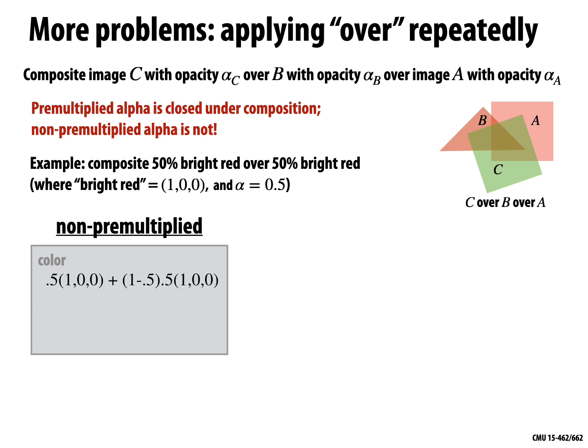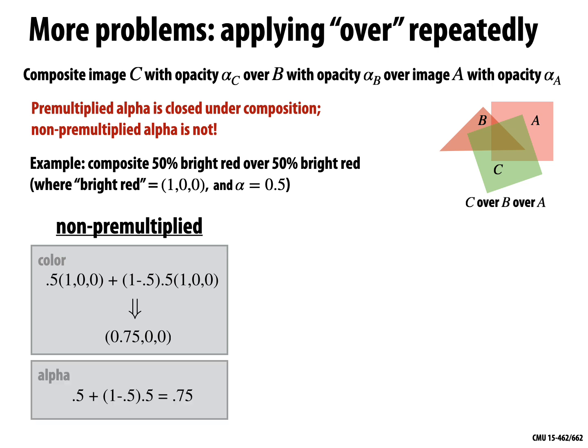So we have 50% times the first bright red color plus 1 minus 50% times 50% times our second bright red color. If we do the arithmetic here, we get 0.75, 0, 0, and our alpha gets blended like this. 0.5 plus 1 minus 0.5 times 0.5 is 0.75.